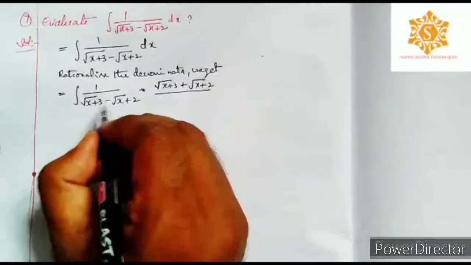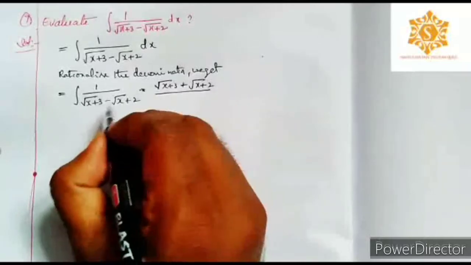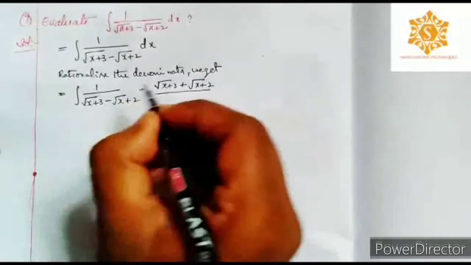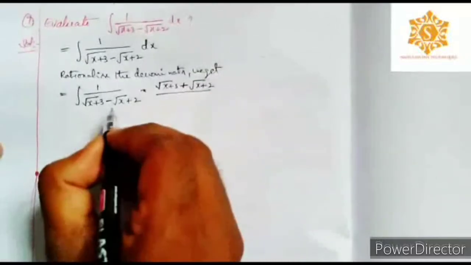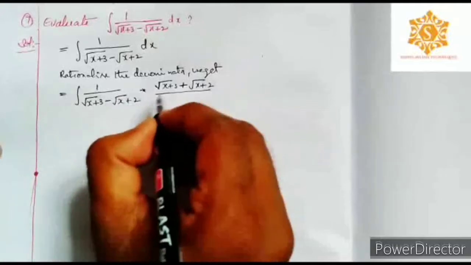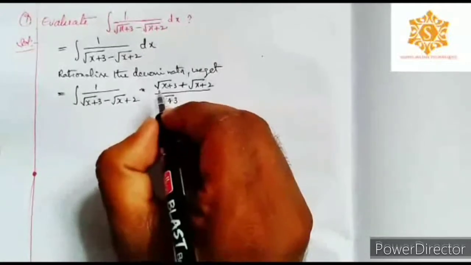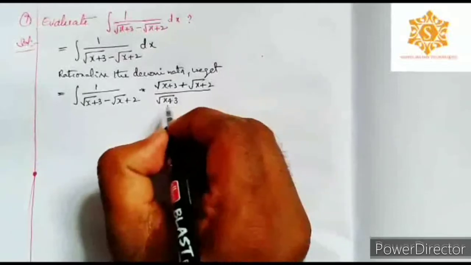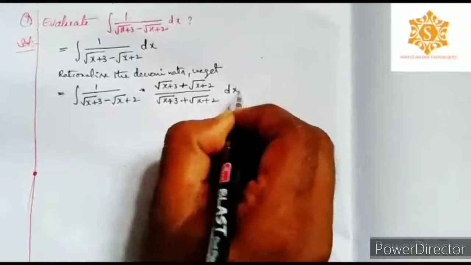Because the conjugate of this is square root of x plus 3 plus square root of x plus 2. Here, just to change minus to plus, we get the conjugate of the given value. So you can multiply numerator and denominator by square root of x plus 3 plus square root of x plus 2 into dx.